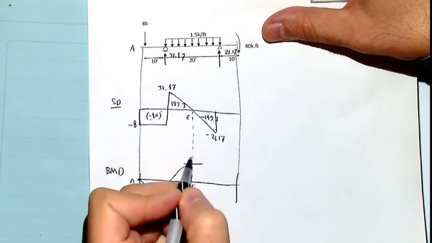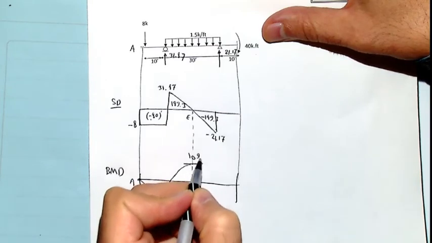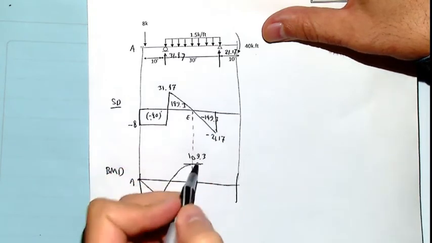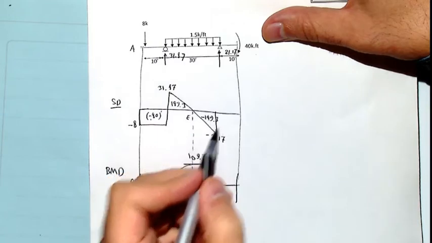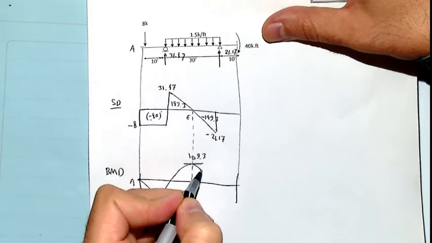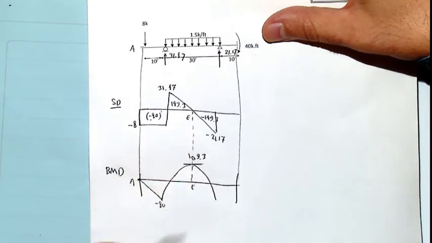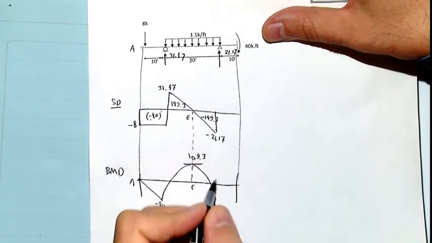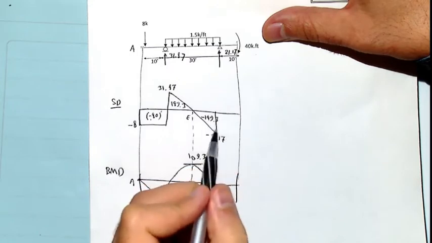And when we add them up, the answer is 109.3, and after that we deduct minus 149.3, and we're gonna reach point C, which is minus 40. Then after that, there is no moment here.